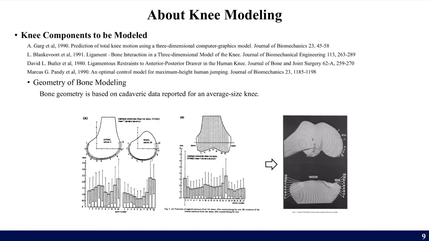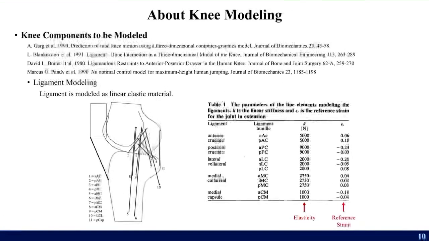So I found the geometry data of the knee bone, but I need to find more. And the second one is the ligament modeling. In some papers, the ligament is modeled as linear elastic model. So there are two parameters. The one is the elasticity, and the other one is the reference strain.